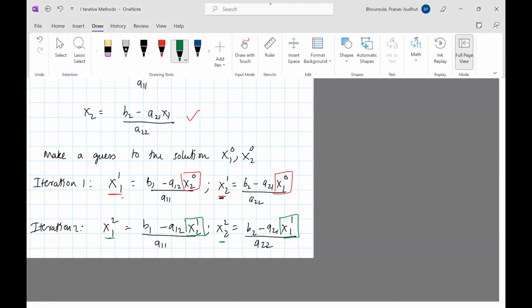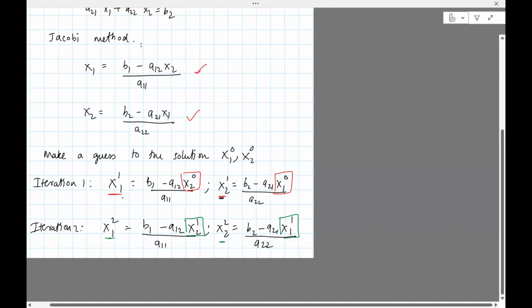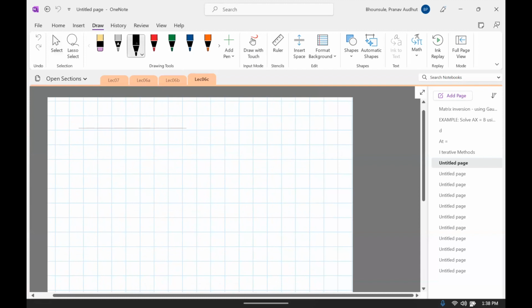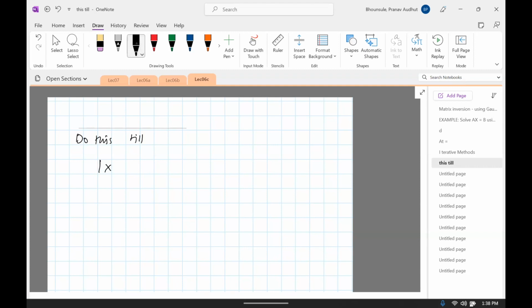So the termination criteria we'll use, and there could be many ways you can do this, one way of doing this is to do this till the norm of x1^i minus x1^(i-1) is less than epsilon, and x2^i minus x2^(i-1).